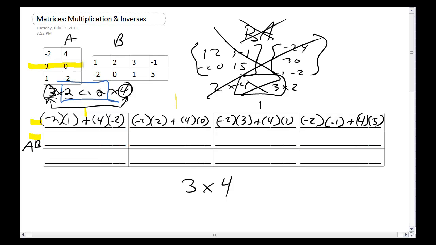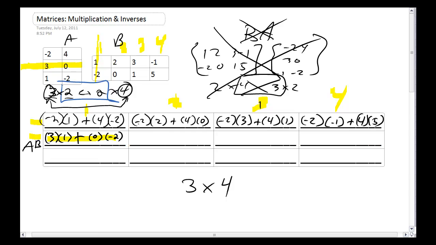For the second row in A, I'll keep on using the second row of A. And then depending on whether I'm in column 1, 2, 3, or 4, I'll use columns 1, 2, 3, or 4 from B. So in this first spot, I'm going from the second row of A, multiplying it through by the numbers from the first column of B. So I have 3 times 1 plus 0 times negative 2.